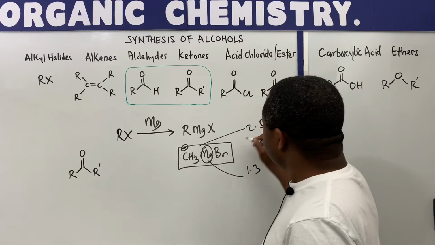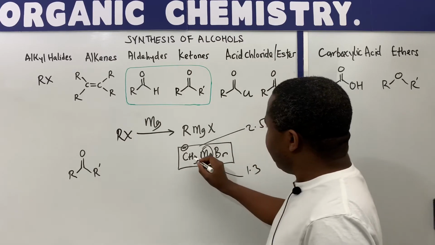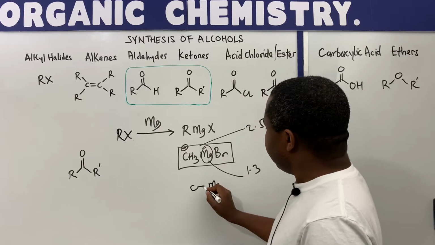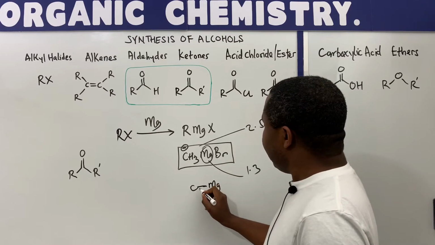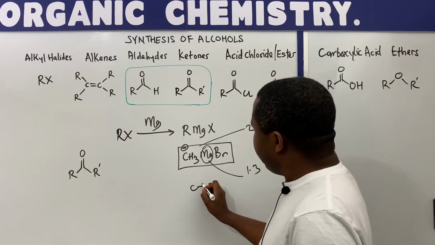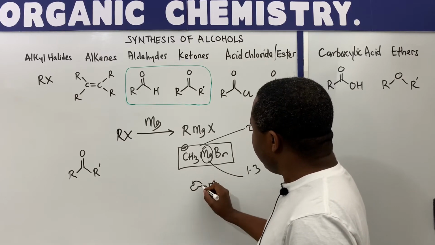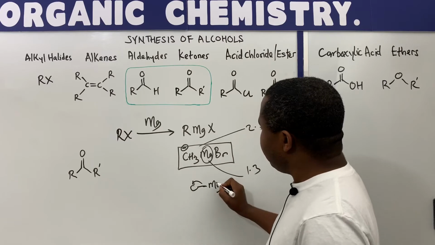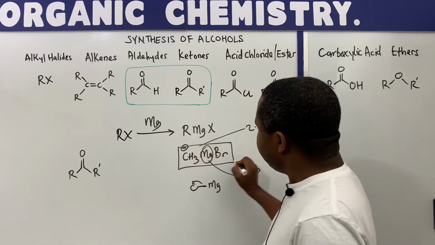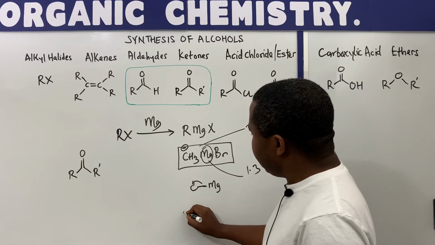So because of the electronegativity difference, the electrons that are shared between carbon and magnesium are pulled to the carbon much more than they are available for magnesium. So that this compound, Grignard reagents, can actually be written this way.